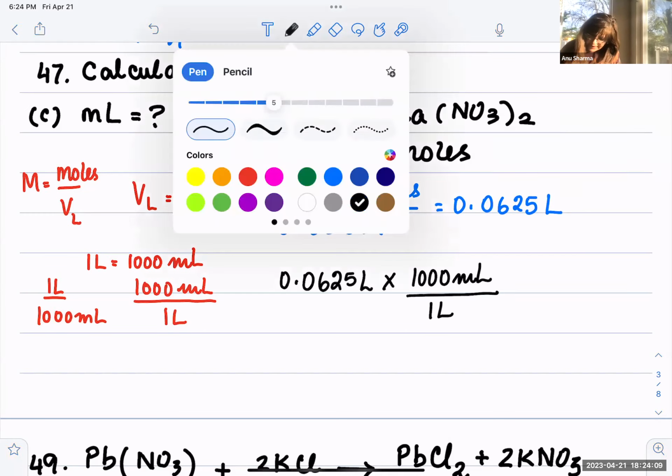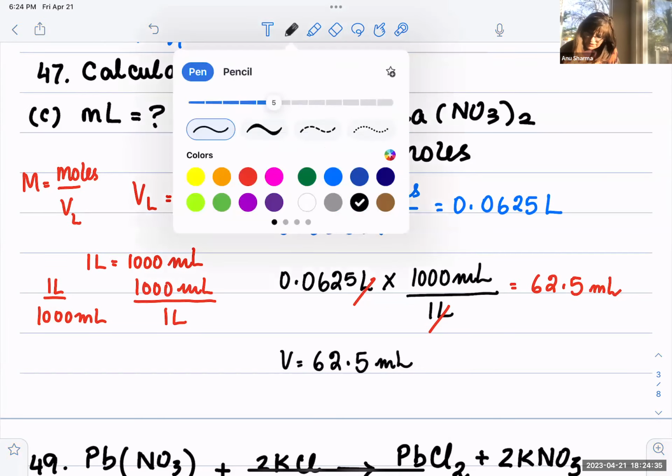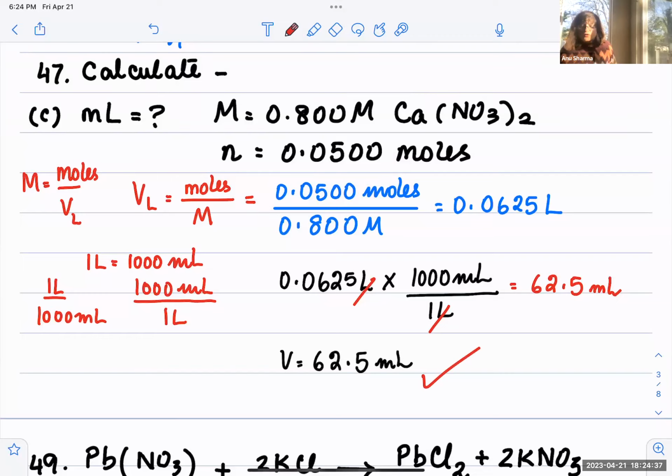When you do that, it cancels out the liters and you're just left with the milliliters. So 0.0625 times 1000 gives you 62.5 milliliters. That is the volume, 62.5 milliliters. Okay, that's the answer, and I checked it. This is correct.